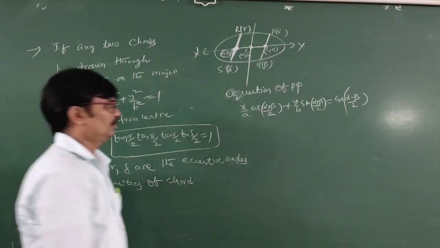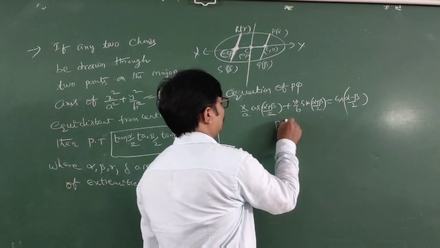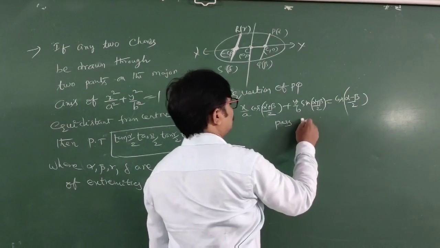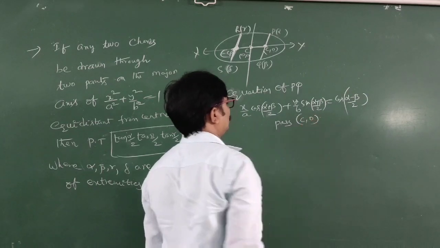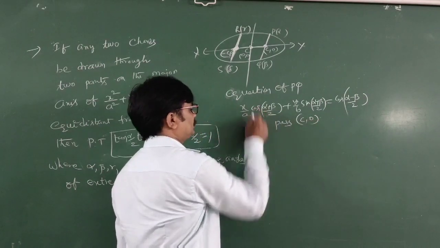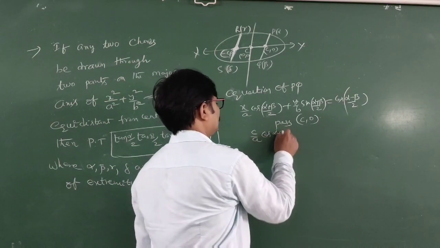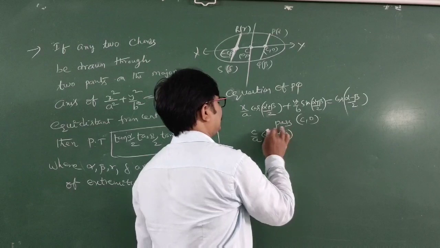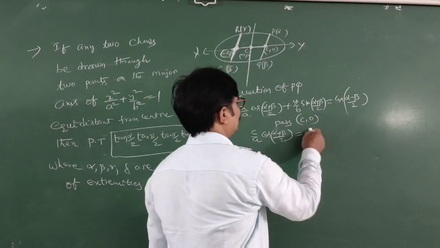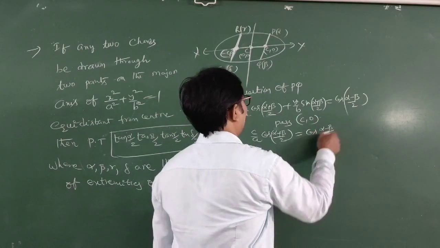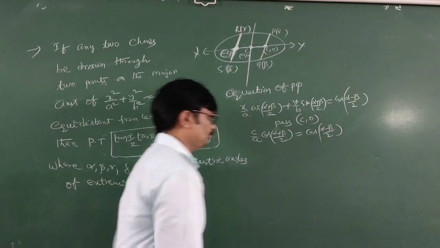This chord passes through c comma 0, so x is c, y is 0. That is, c by a cos of alpha plus beta by 2 plus 0 equals cos of alpha minus beta by 2.